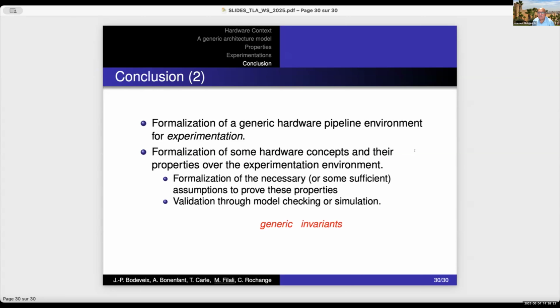Well, in fact, these architectures are for real-time systems, and mainly for avionic systems where WCET is very important for the certification. We have to be able to calculate in a safe way the WCET for such architectures.